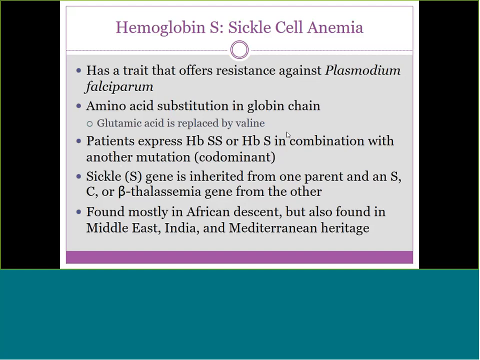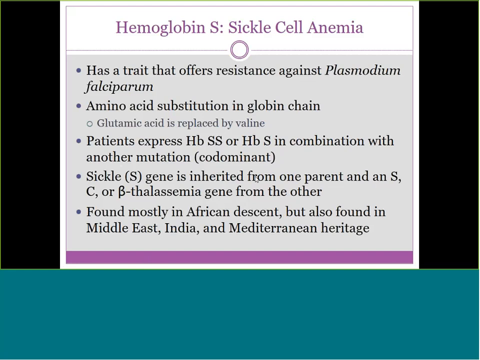Now, that sickle gene that was mutated was inherited from one parent. And then if that parent joined up with another person that had it as well, both parents have it, that's how you get sickle cell anemia. Now, it could be that maybe just one parent had it and the other didn't, and it would be a sickle cell trait, like a carrier, and we'll see that on another slide here.